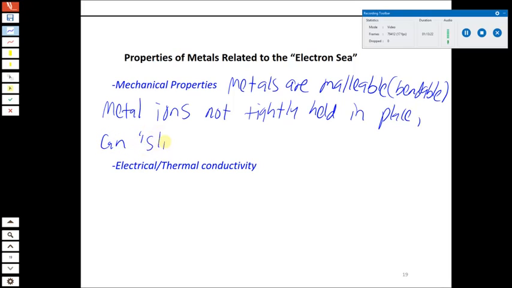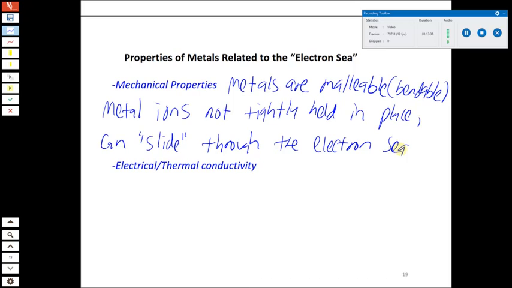And they can slide through the electron sea. So this sort of deformation of metals, that you can bend them without breaking them, is because the metal atoms have a little bit of flexibility and a little bit of ability to sort of move through that electron sea and deform and still not completely disrupt that metallic bonding.